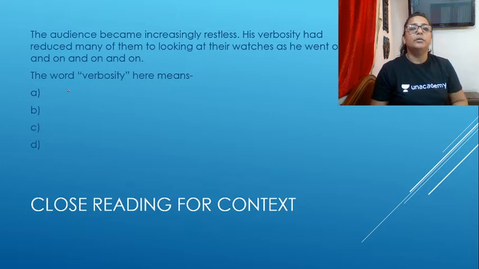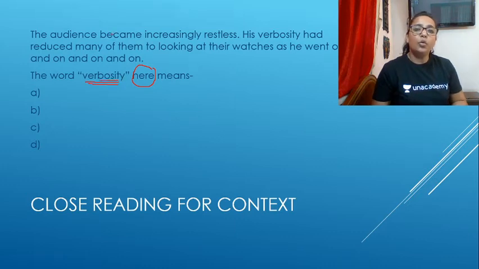For example, the audience became increasingly restless. His verbosity had reduced many of them to looking at their watches as he went on and on and on and on. And the multiple choice question is, the word verbosity here means. Okay, so I'm looking for contextual meaning. In this context, what does this word mean?